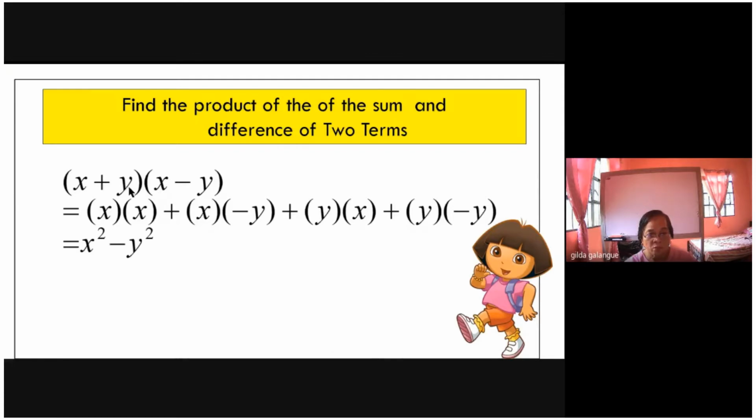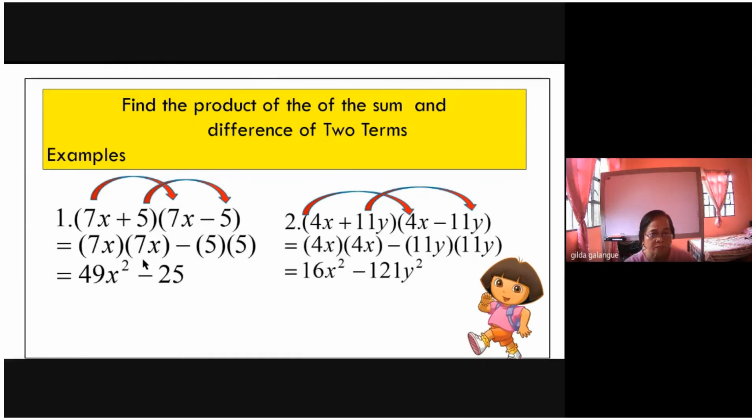So x times y, that is the inner terms, and y times negative y is negative y squared. So x times x, x squared. This is negative xy, and this is positive xy, this is 0, minus y squared. So we have x squared minus y squared. So we will continue.